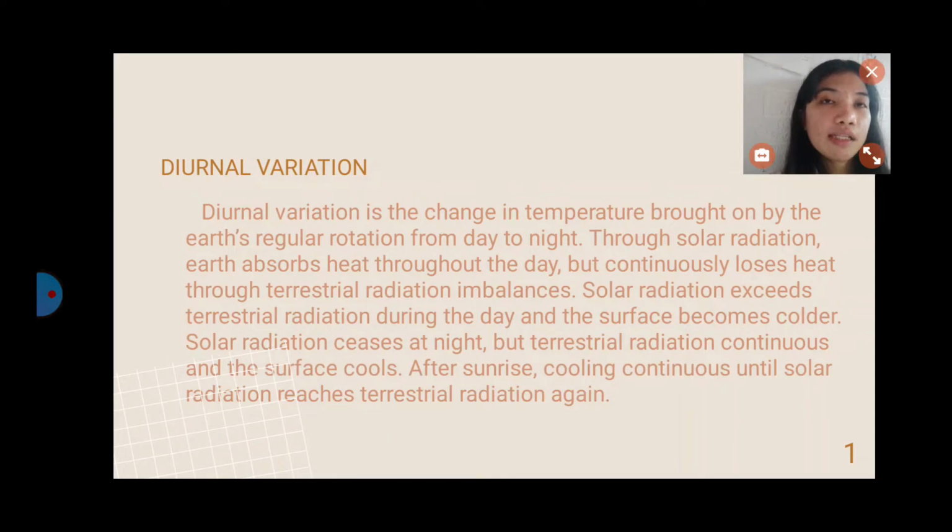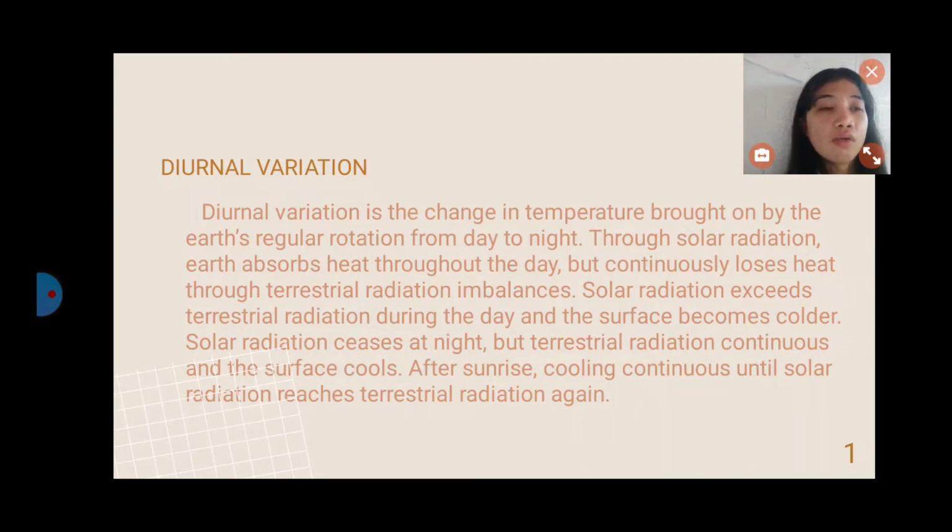So the second is the diurnal variation. Diurnal variation is the change in temperature brought on by the Earth's regular rotation from day to night. Through solar radiation, Earth absorbs heat throughout the day but continuously loses heat through terrestrial radiation.